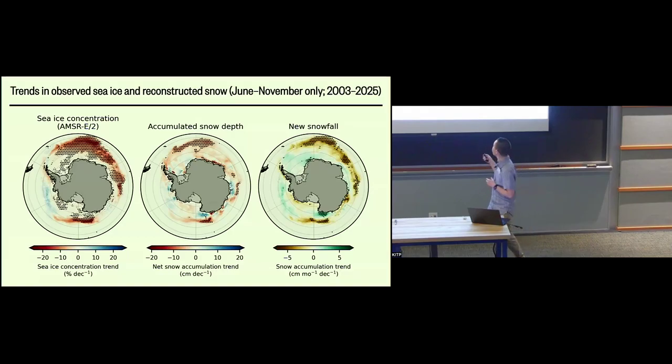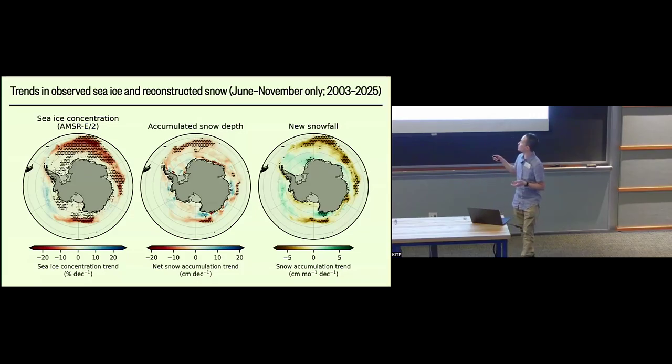And based on the correspondence with reductions in new snowfall onto sea ice, in addition to trends in the snow budget terms, which I haven't shown here, this suggests that reduced sea ice persistence associated with later freeze, earlier melt, and simply a smaller ice-covered area in recent years has limited the accumulation of snow along those drift trajectories of sea ice floes.